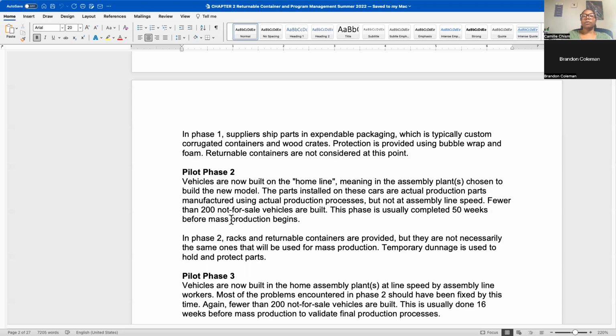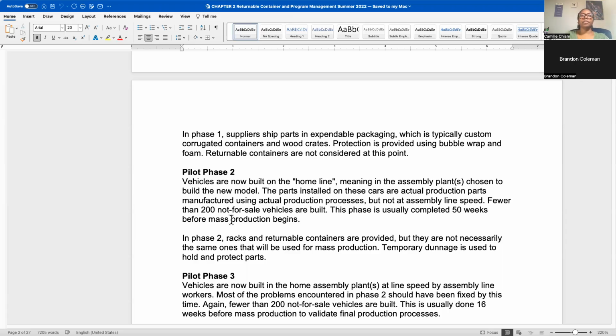A lot of these vehicles that are built at this point are probably going to go to different departments. They may go to specific dealers that are known to get early vehicles that would give feedback. These may also go to certain customers that they want to get feedback from.